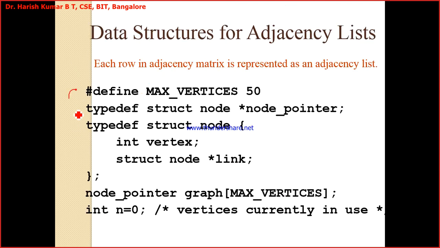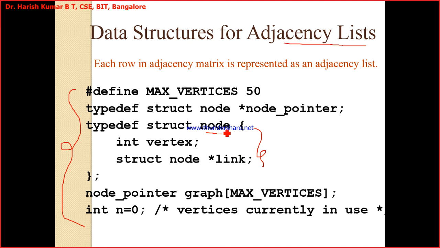Now this is the implementation. I am defining the max vertex size as 50, and then defining a structure with the node, because when I say representing the graph in the form of an adjacency list, I require a node. A node should contain the vertex and it should also contain the address of the next node.